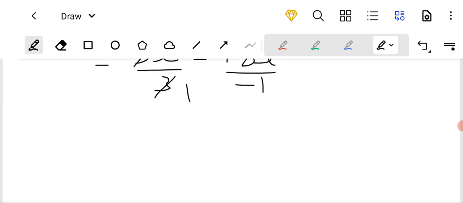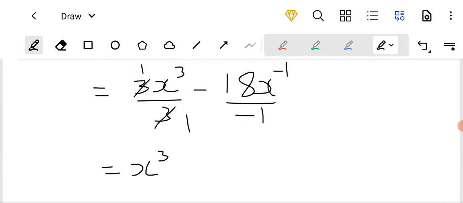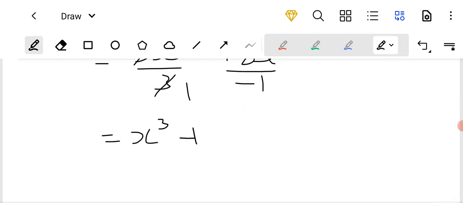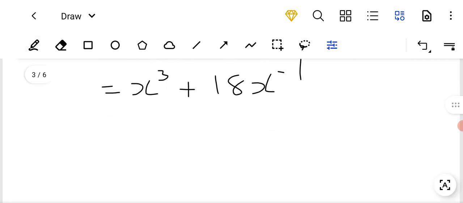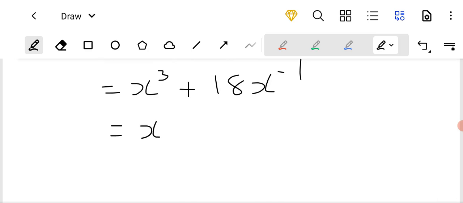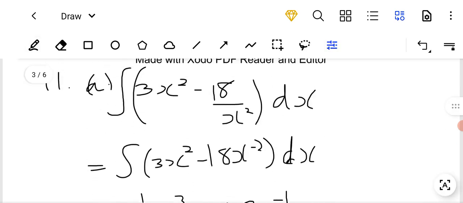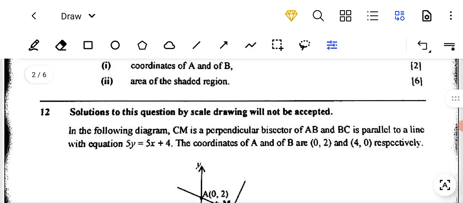What I remain with is x cubed, and then there's a negative there, so it will be plus 18x to the power negative 1, the same as writing x cubed plus 18 divided by x, plus an arbitrary constant c. That would be your answer to that particular question.